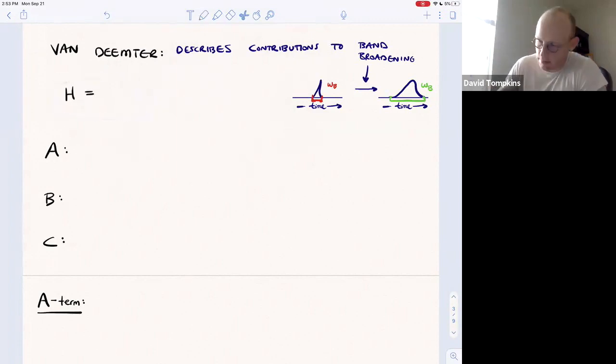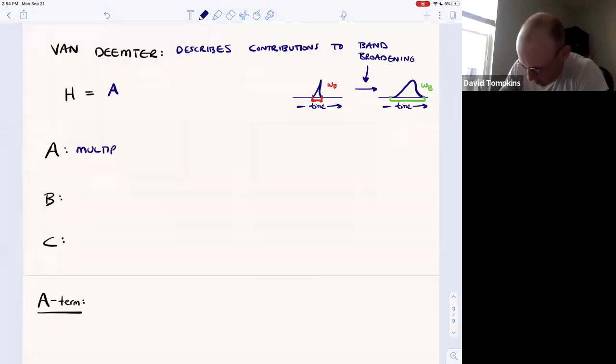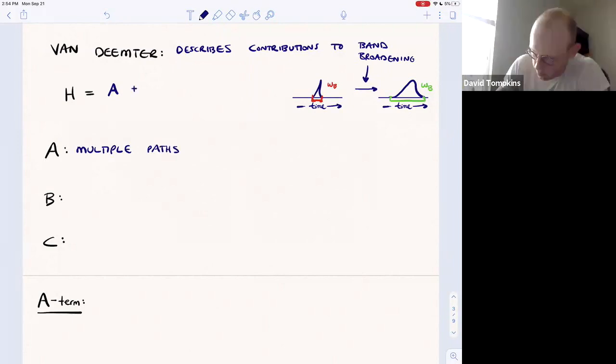So the three different terms that can lead to this band broadening are the A term, which is known as multiple paths. And there's also a B term that is inverse with the flow rate.